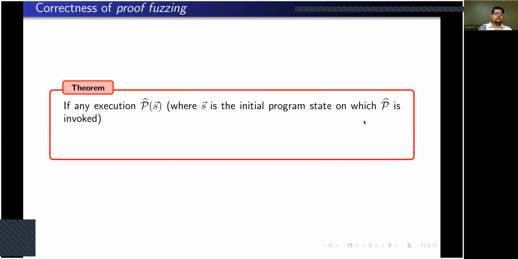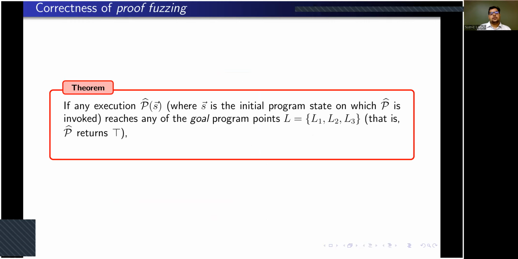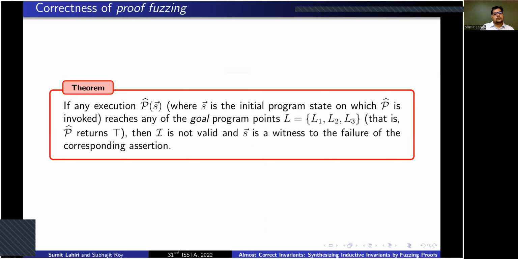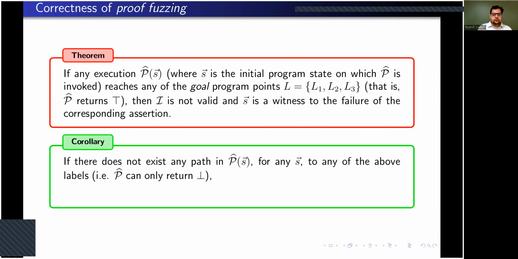Now I come to the theorem which shows the correctness of proof fuzzing. If any of the executions of p-hat of s, where s is the initial program state on which p-hat is invoked, reaches any of the goal points L1, L2, or L3, that is p-hat is returning top in this case, then in that case the invariant I is not valid and s can be taken as a counterexample or a witness to the fact that the corresponding assertion failed.